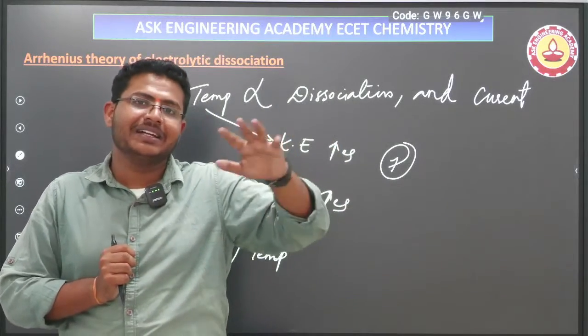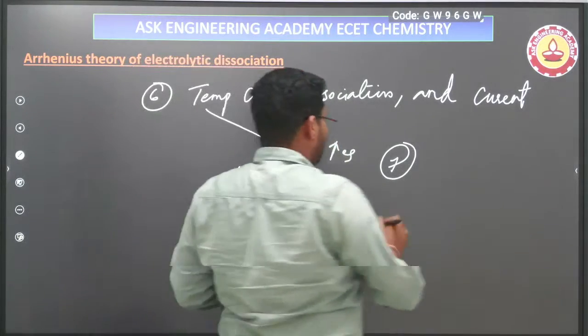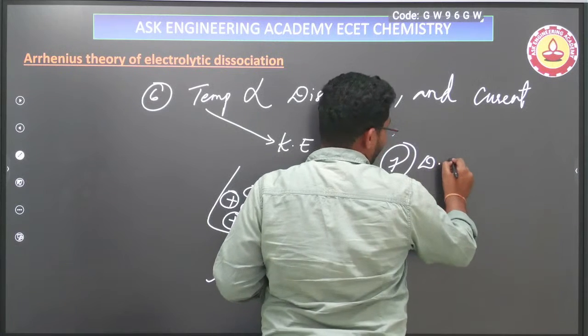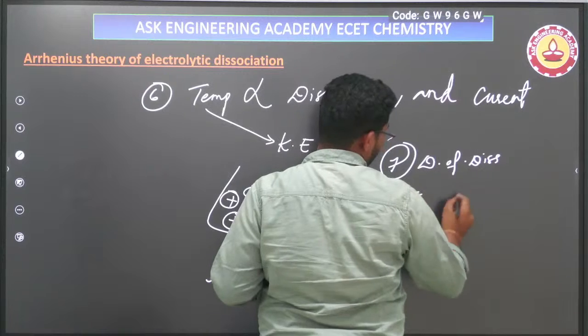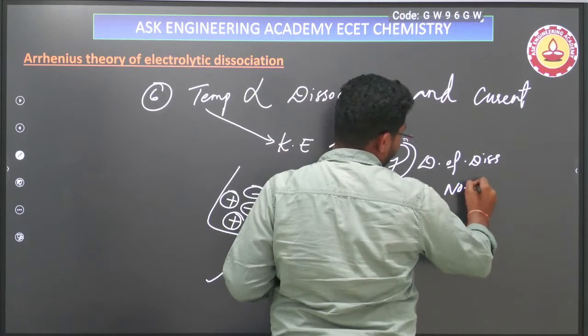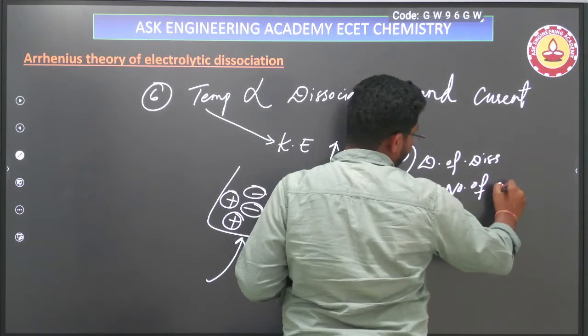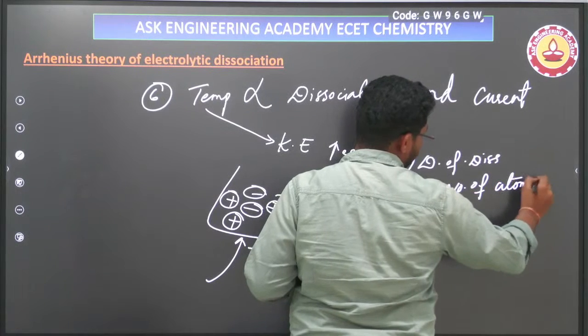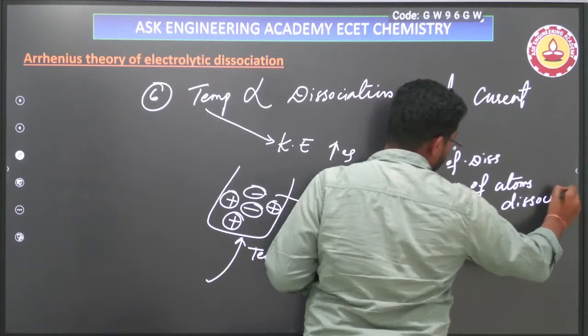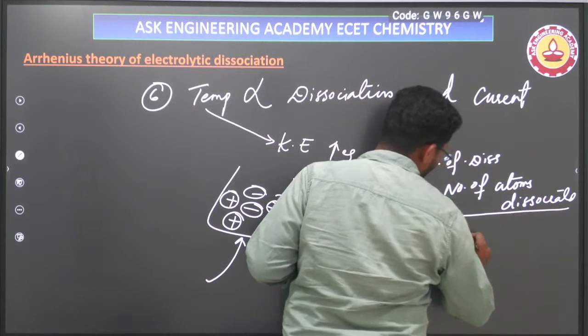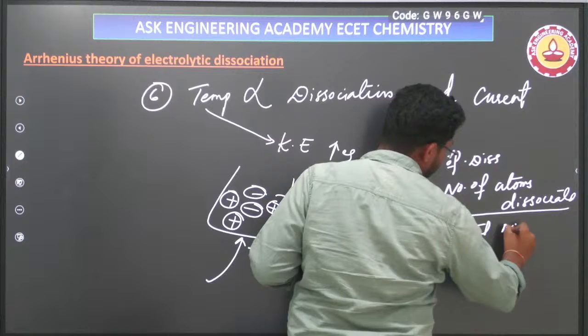To calculate that degree of dissociation, the formula is: degree of dissociation is equal to the number of atoms dissociated divided by the total molecules taken.